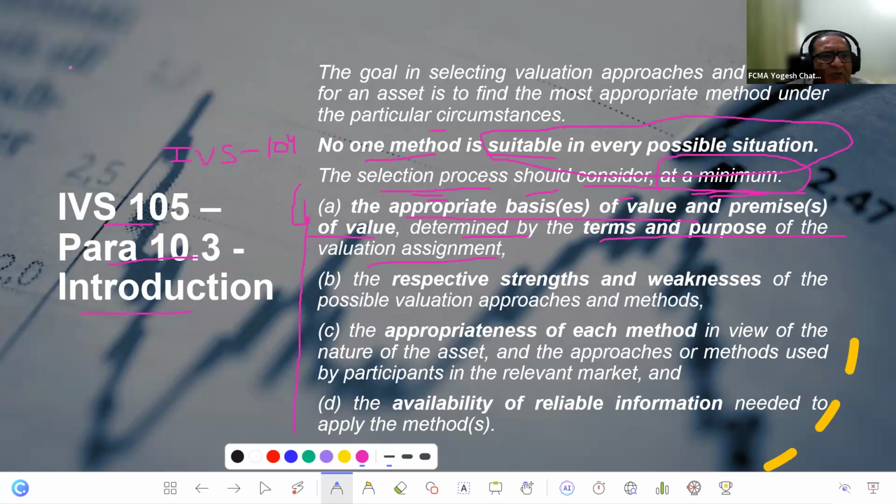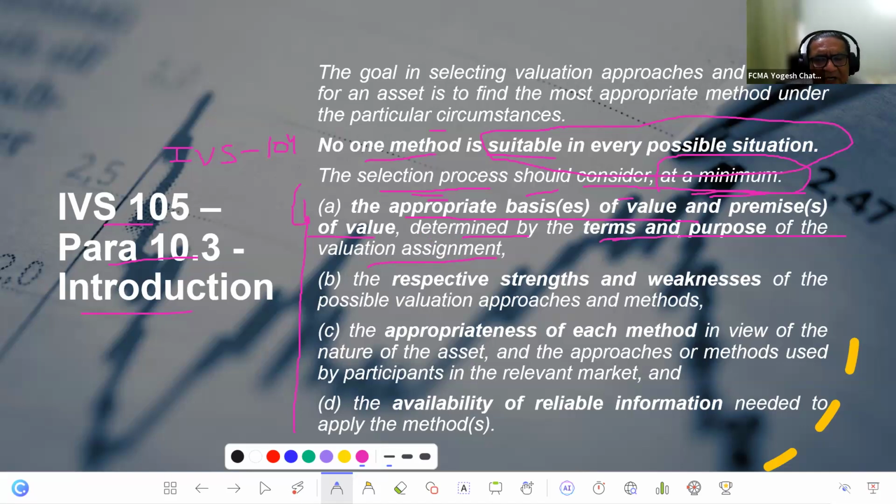Supposing the purpose of valuation is transfer of business, the appropriate basis of value is market value. You will determine the market value, not the liquidation value. Liquidation value we will determine when the company is under winding up or dissolution process. That is very important.